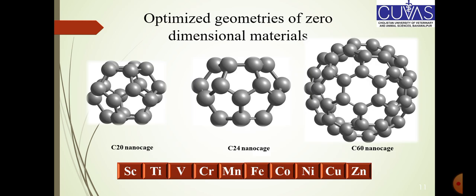This study focuses on transition metal doped zero dimensional carbon materials, specifically C20, C24, and C60. Notably, C20 exhibits metallic character while C24 and C60 are semiconductors in nature.